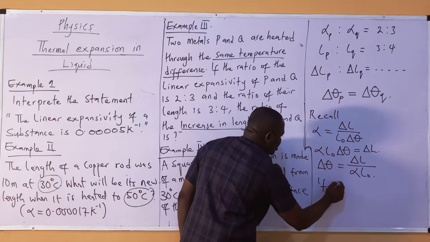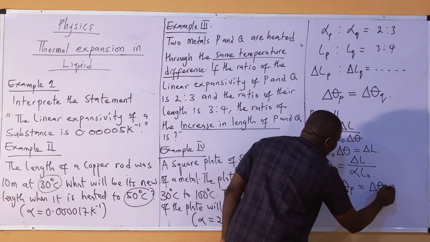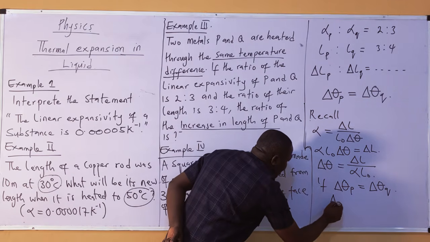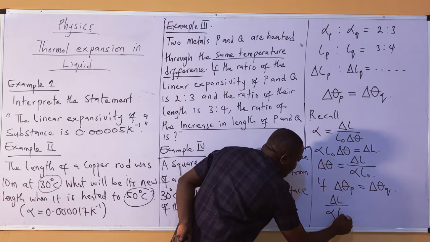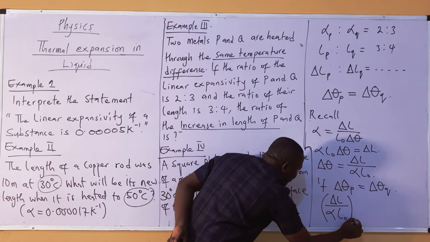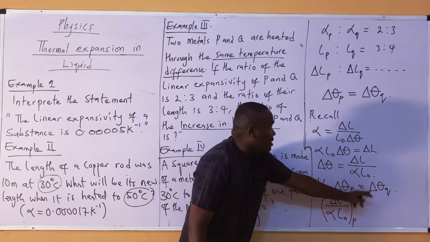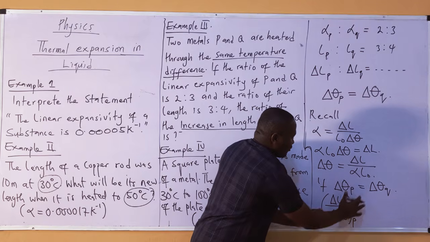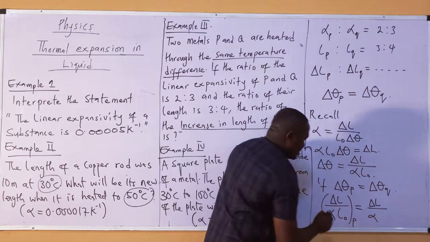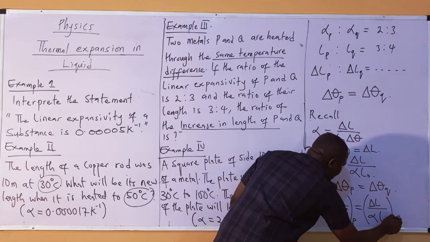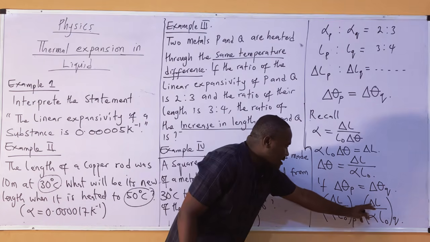So if change in temperature of P is equal to change in temperature of Q, therefore I will say change in length over alpha times original length of P. This is everything for P. Now if this equals this, according to what our question told us, everything here for P will be equal to change in length over linear expansivity and original length of everything for Q. So this is what I need to put in all of these parameters to know what this is.